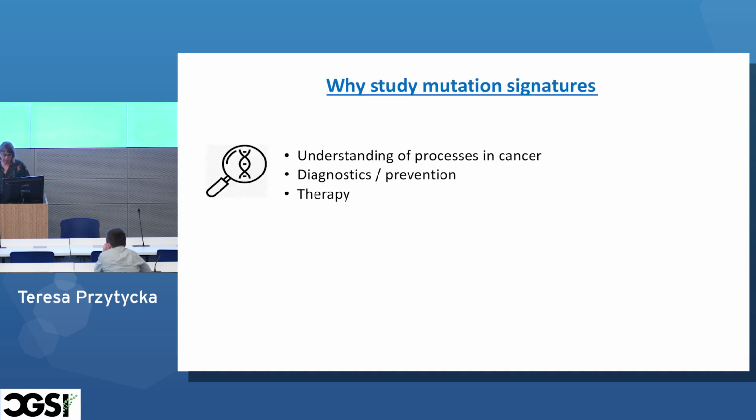So why do we care about this? First of all, of course, we would like to understand the mutagenic processes in human organisms. So that's basic knowledge. We would like to know what processes cause mutation and eventually lead to cancer. But secondly, we would like to understand them better from the perspective of prevention and diagnosis.